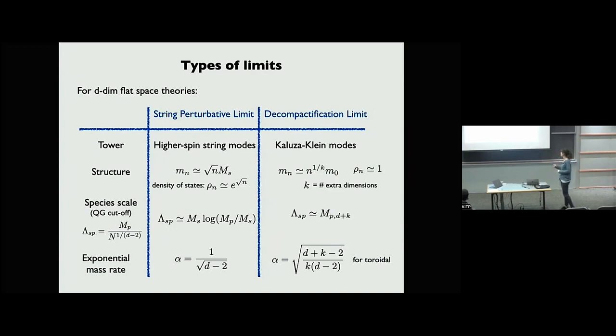If we have just a critical string in flat space, this is the rate. If we have a Kaluza-Klein tower and a toroidal compactification, this is the rate. It depends on the dimension of the space-time, and here also on how many dimensions you decompactify. So if you get information about the first state of the tower, you can also get information about what's going on in the quantum gravity resolution.